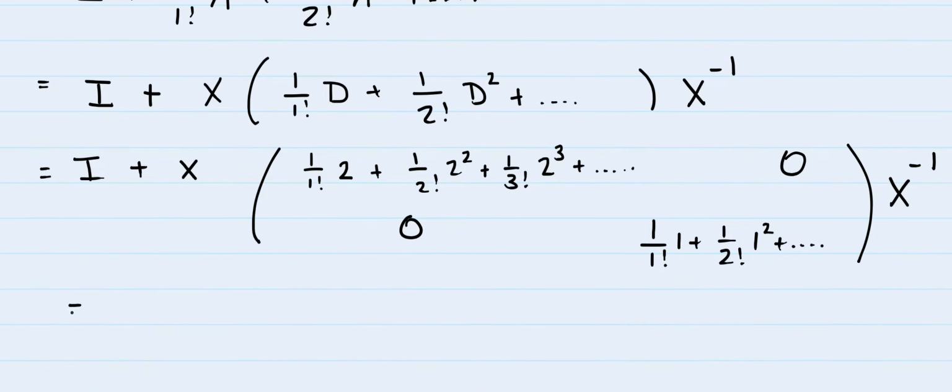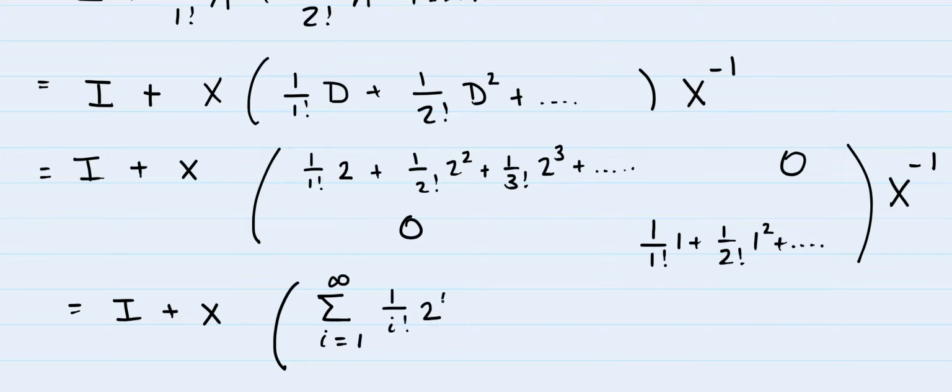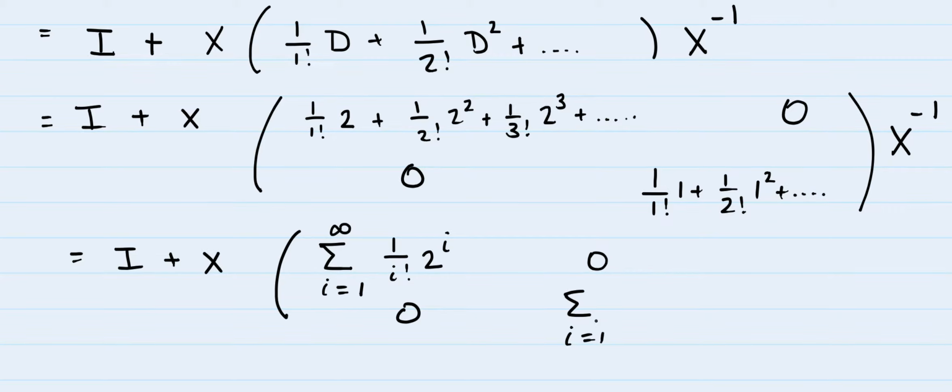And so we could say that this is equal to the identity plus X times, well, this is actually the sum, i equals 1 to infinity of 1 over i factorial 2 to the i, 0, 0, the sum i equals 1 to infinity of 1 over i factorial 1 to the i, X inverse.